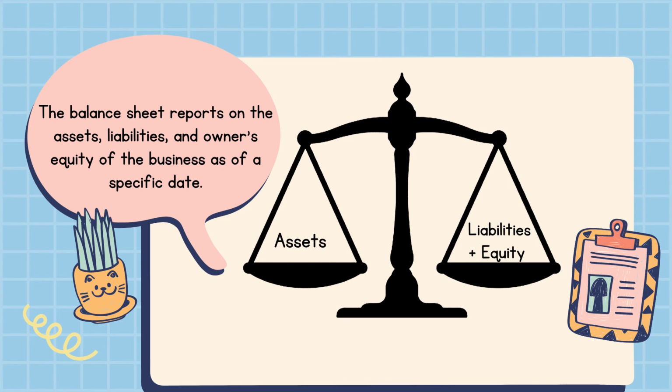The third statement is the balance sheet. The balance sheet reports on the assets, liabilities, and owner's equity of the business as of a specific date. It's not for a period of time like the previous statements. So at the end, your total assets should equal your liabilities plus equity.